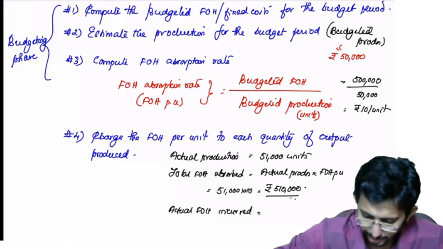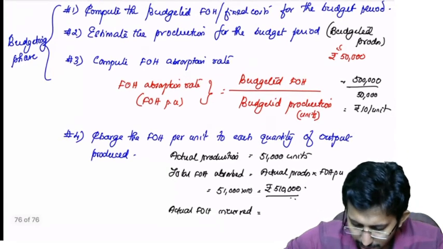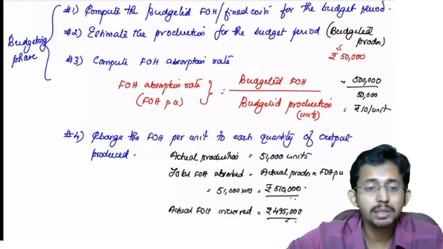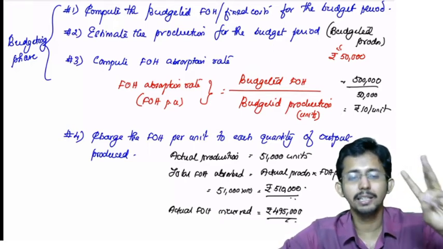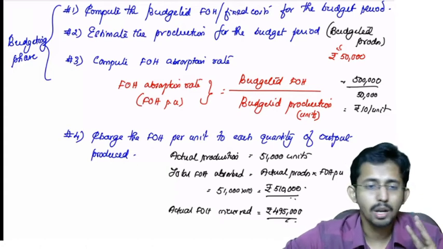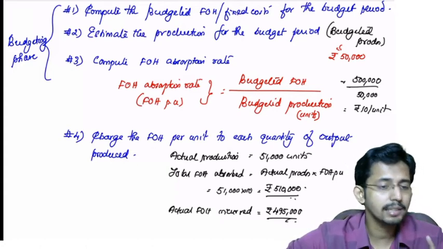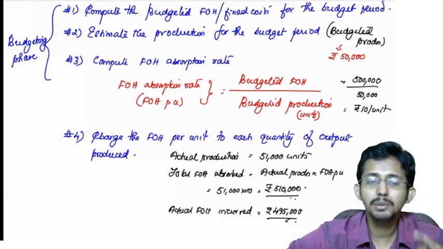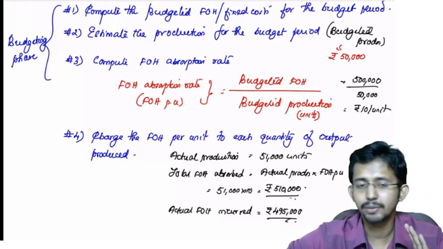And let me say, your actual FOH incurred was 4,95,000. Now what all things do you have? You have three figures with respect to the FOH. One is the budgeted FOH, 5 lakhs. Then the FOH absorbed, 5,10,000. Then FOH incurred, 4,95,000.